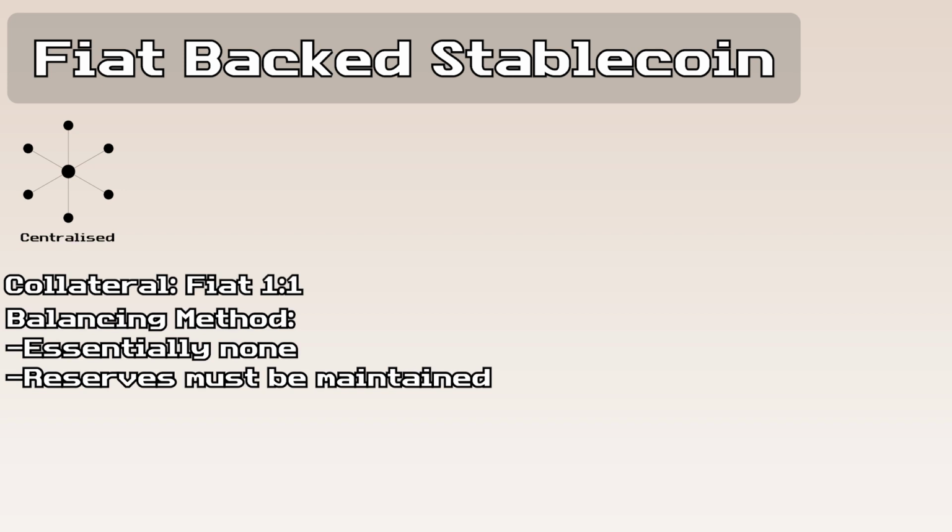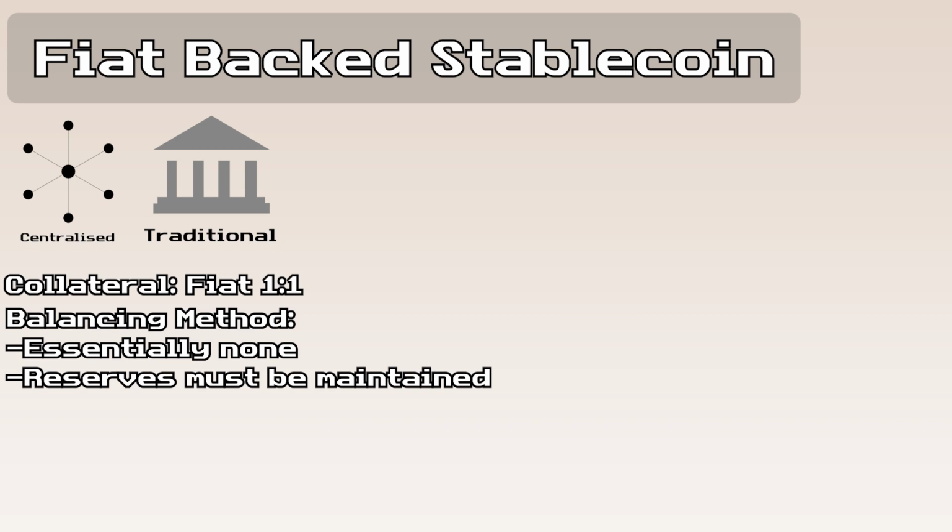So instead of having no collateral or being over-collateralized, it has just one-to-one collateral. The idea is that it will be backed one-to-one with fiat. So there would be a fiat $1 for every one digital crypto dollar. In this system, there is no need to balance because the collateral is perfectly balanced with the stablecoin.